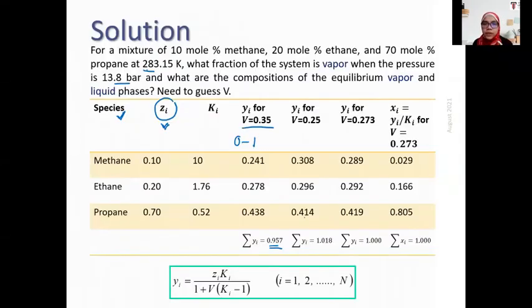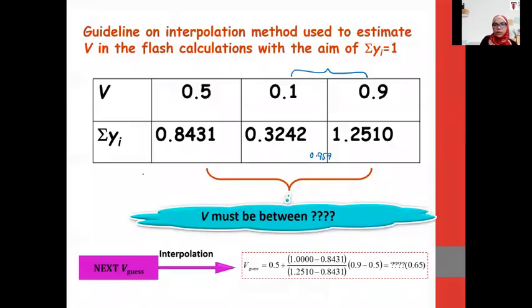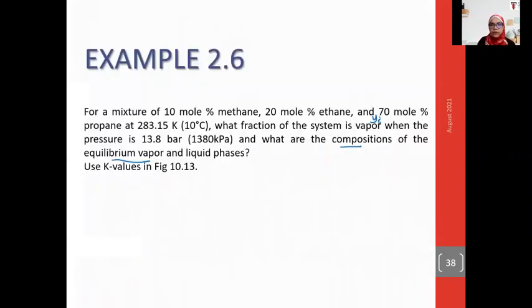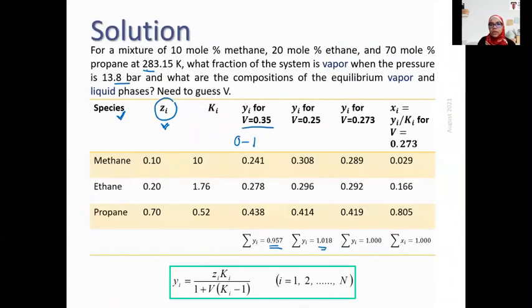Okay, for example, once you perform it, it gives 1.018, so it's still not equal to 1. So you need to perform the interpolation again, using 1.018, and then you can get the next value of V, and then after that perform another iteration.